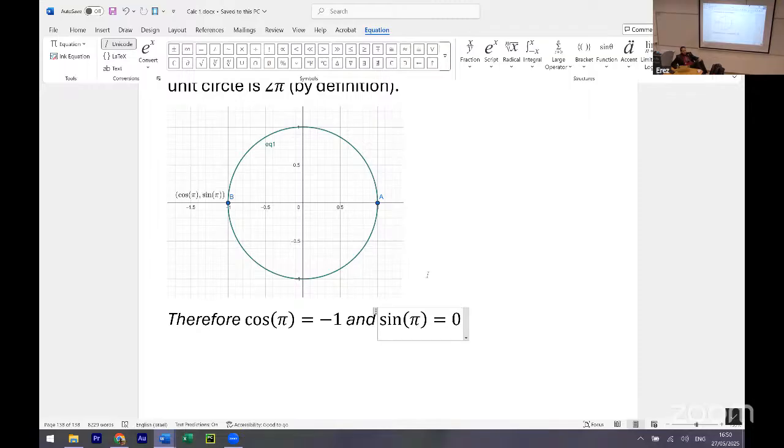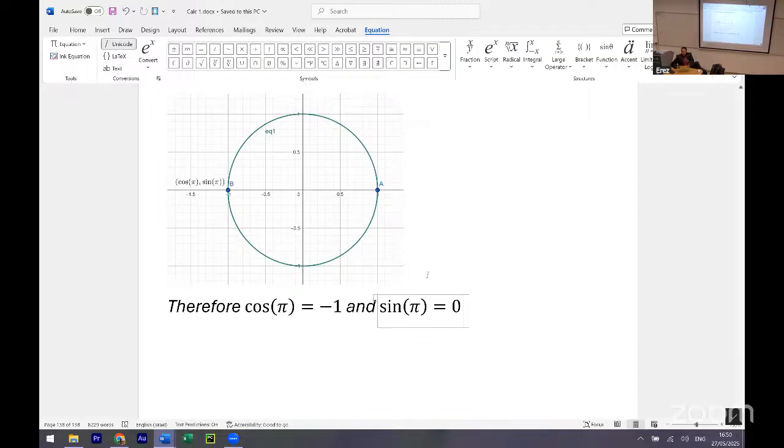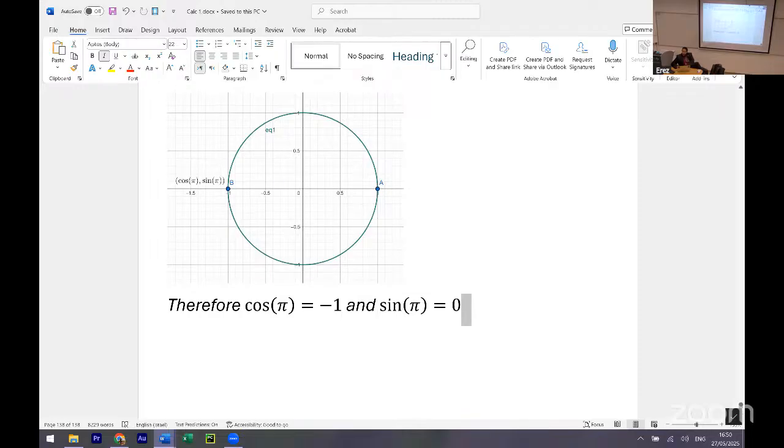I will speak about it, remind me in a few minutes. I just wish to go over the definitions, and then I will tell you about the difference between radians and degrees.